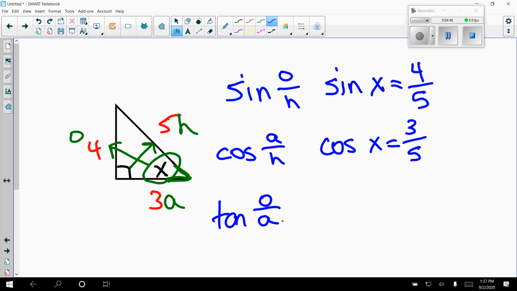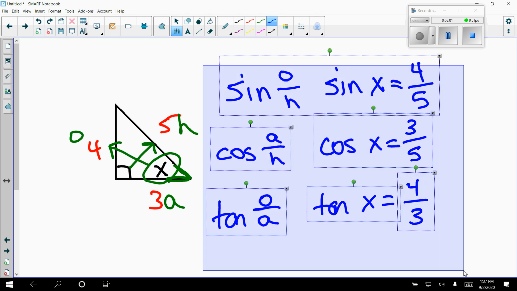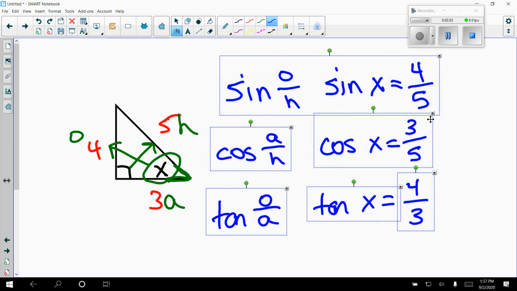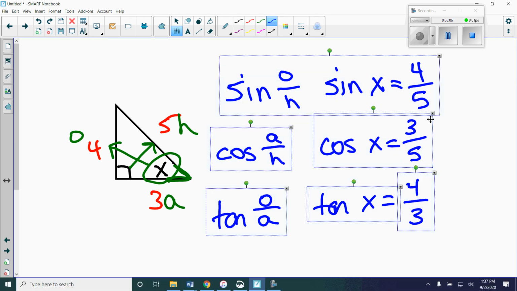Tangent is opposite over adjacent. So the tangent of X would be opposite, 4, over adjacent, 3, so 4 over 3. That's if my reference angle is X.